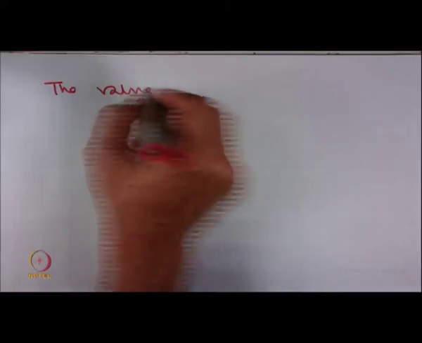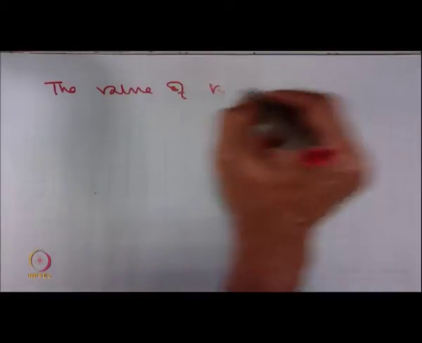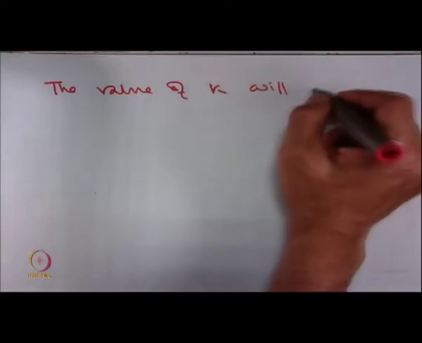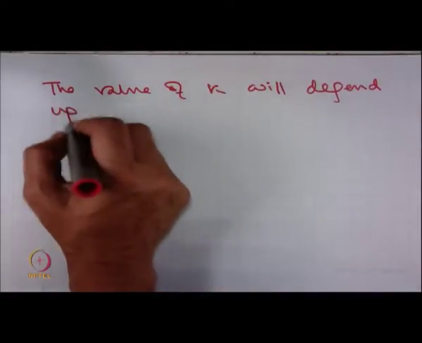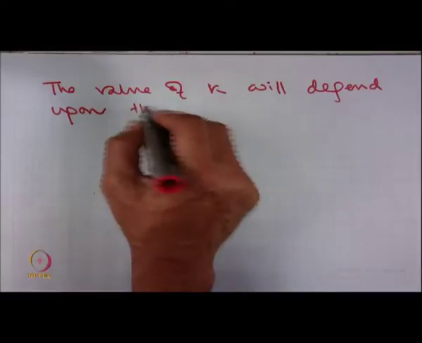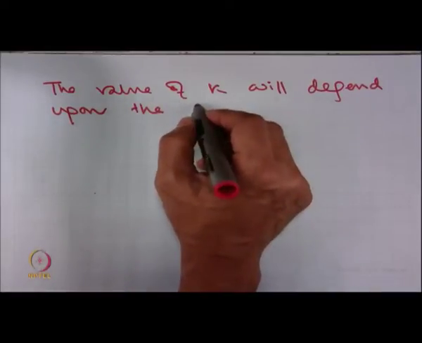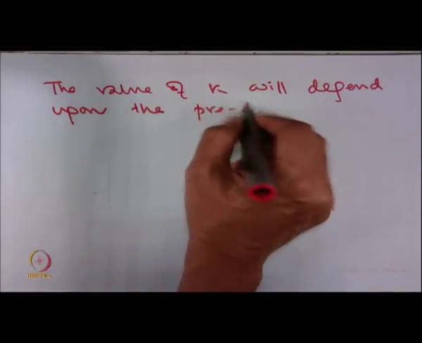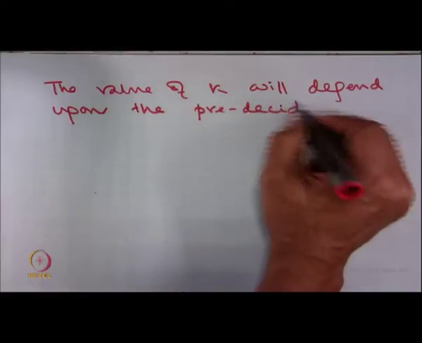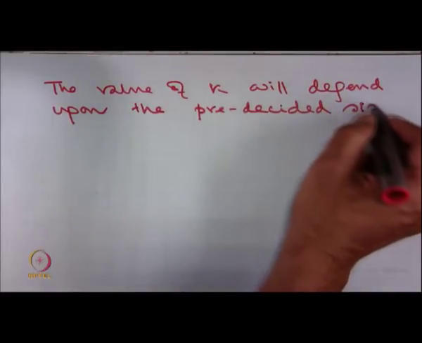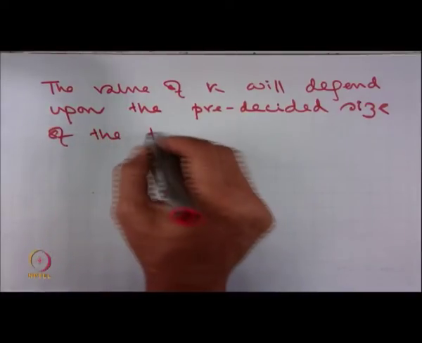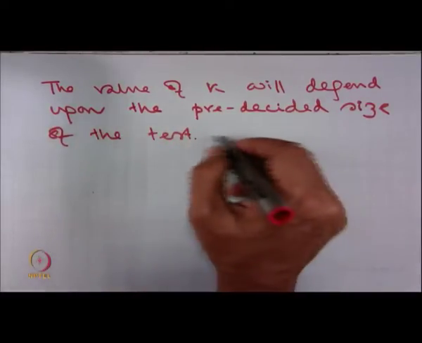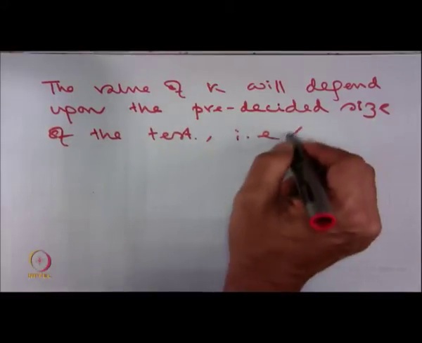The value of k will depend upon the pre-decided size of the test, that is alpha.